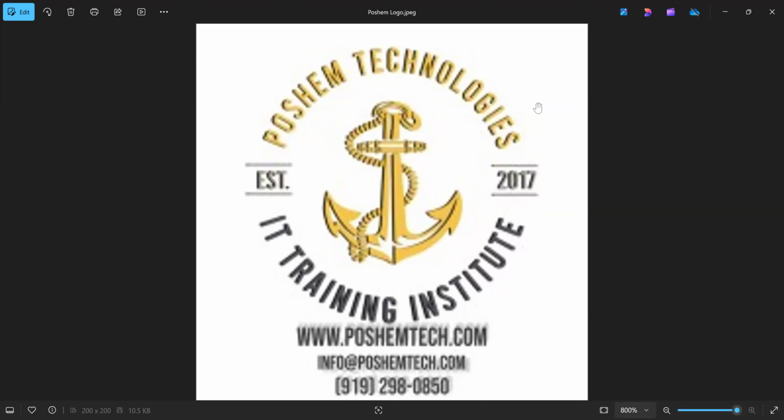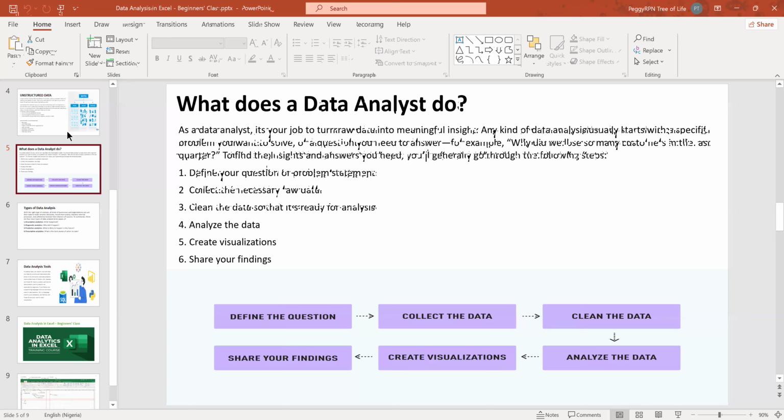Now, data is not always tangible. It's not necessarily countable or not countable. Structured data is organized in rows and columns.